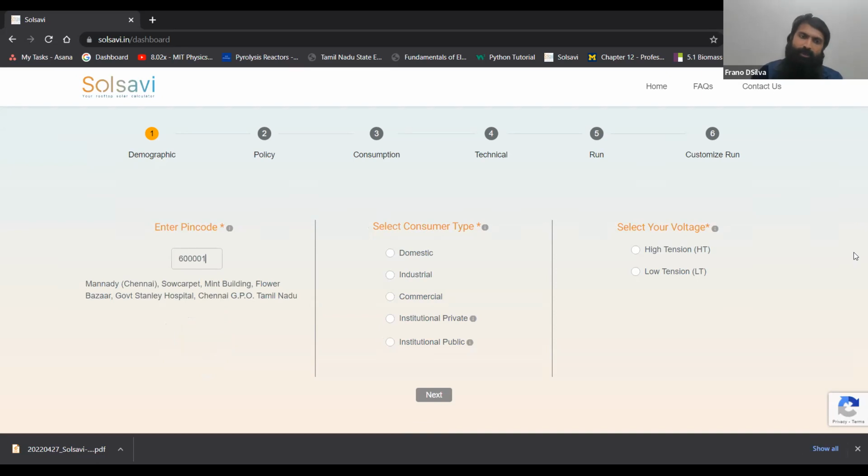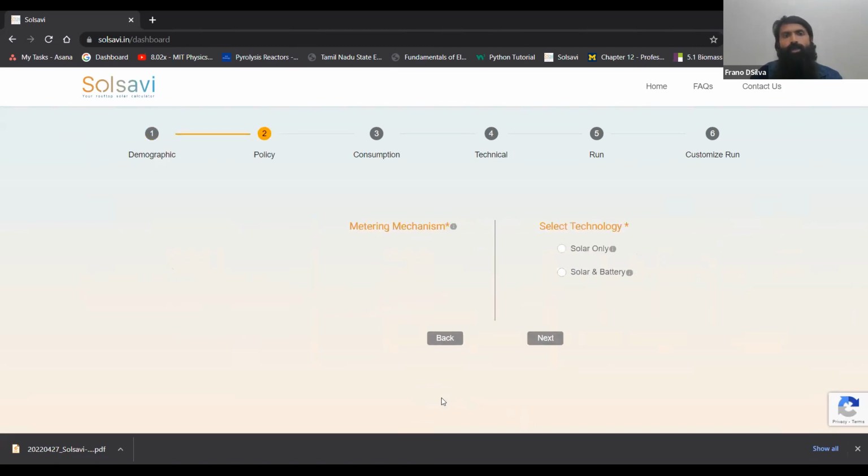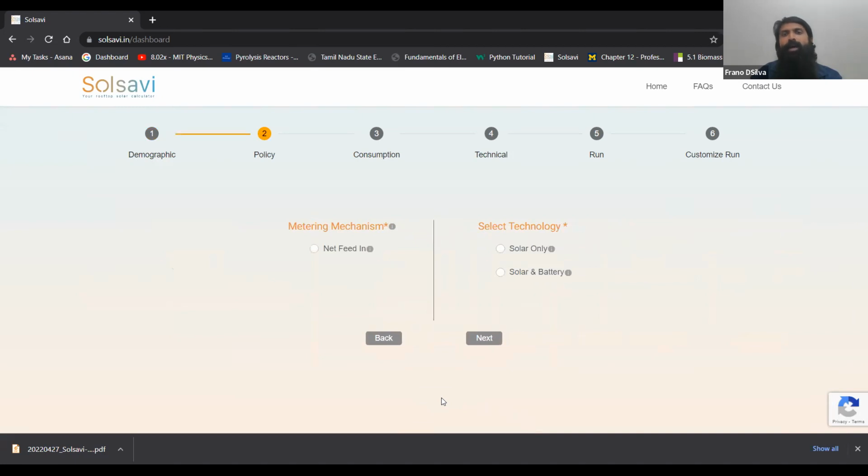Once the description has loaded, please go to the next selection criteria, that is the select consumer type, and select the commercial category under the consumer type. Under the voltage category, we will select the LT voltage category and press the next button that is placed at the bottom of the page to move to the policy page and define our policies.